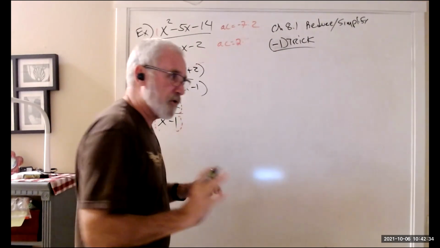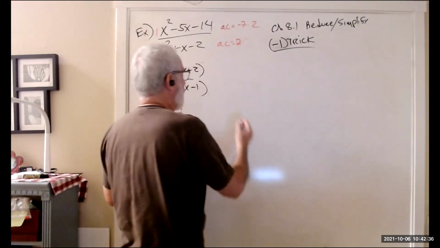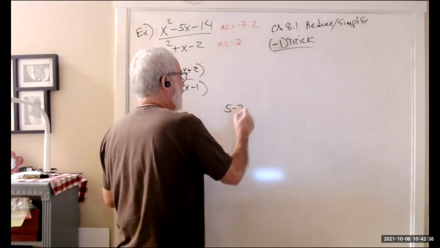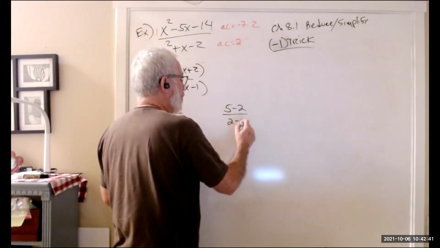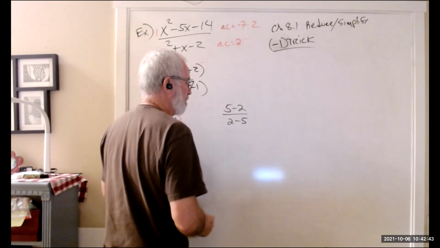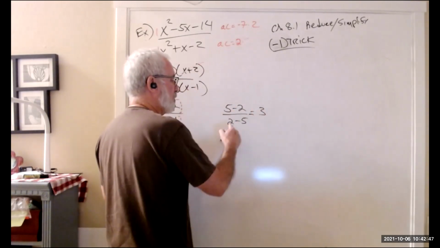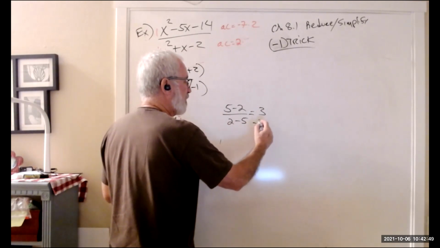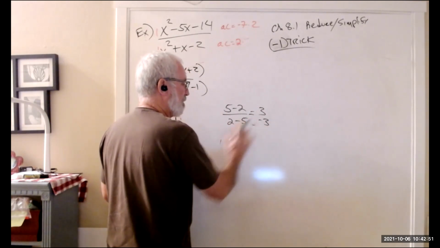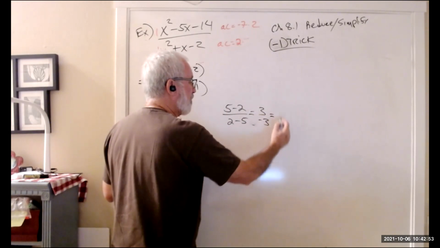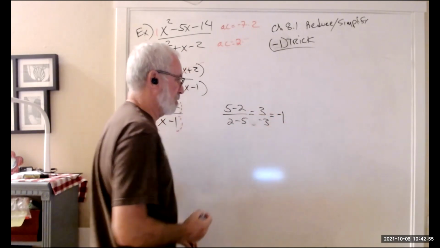But what if you had 5 minus 2 over 2 minus 5? 5 minus 2 is 3. 2 minus 5 is -3. So it simplifies to -1.